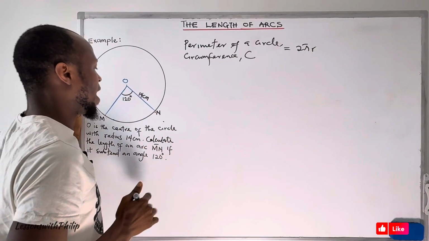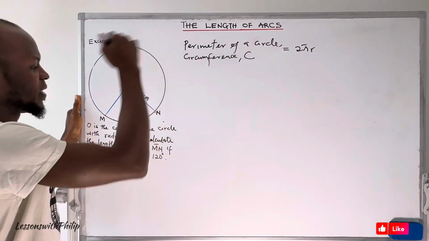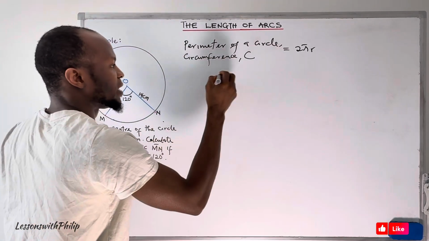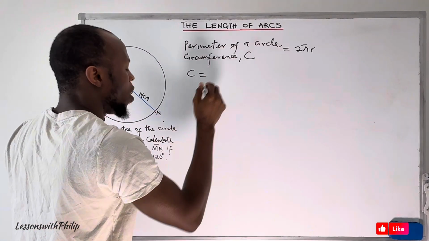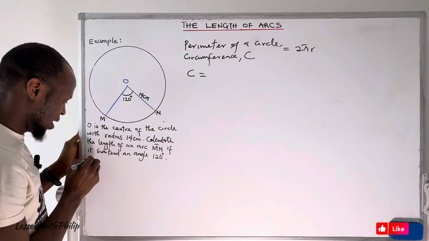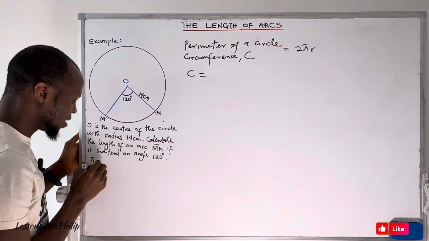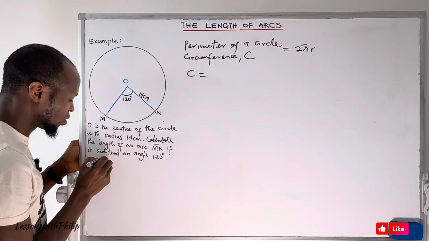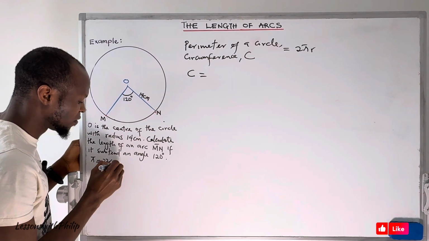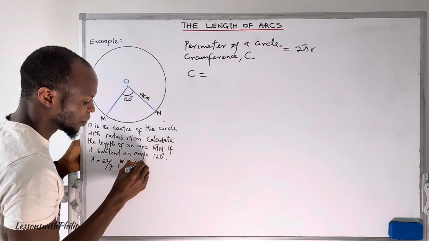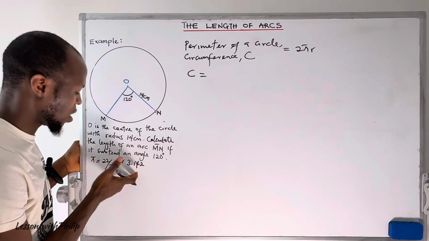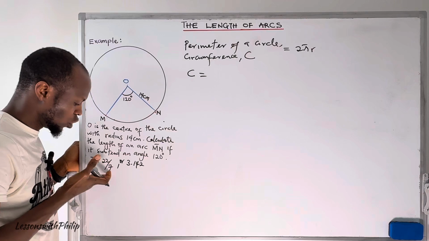Always take pi. If you're not given, you can take your pi. Your pi is a constant. Your pi is equal to 22/7, or you can use 3.142. Sometimes you can be given it in decimal. If you're not given, just use this.